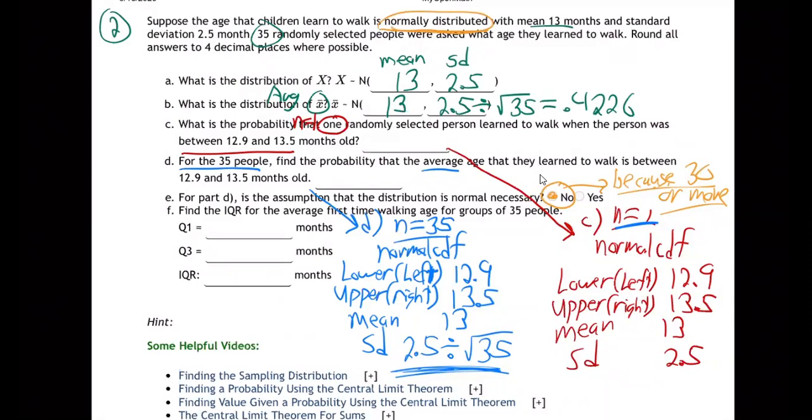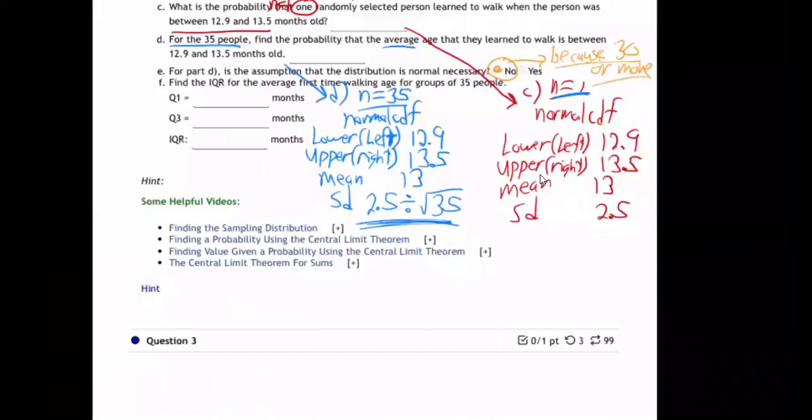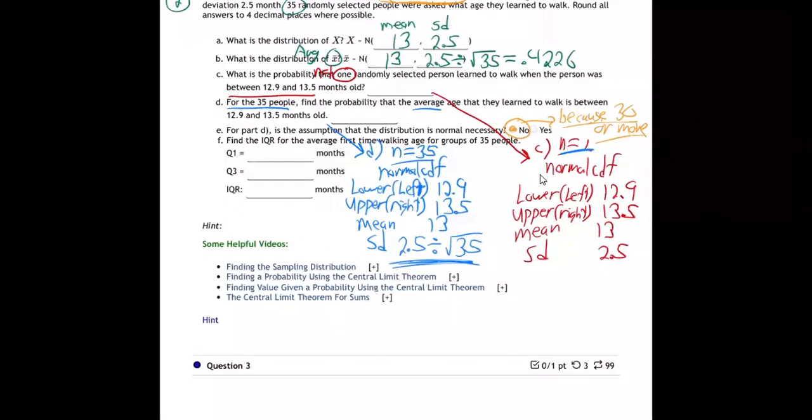Q1, Q3, IQR. That's going to be exactly the same. Maybe I'll add a little page here to do that. Or I could just come down here. So Q1, you know what you need to do. Inverse norm, right? Inverse norm.